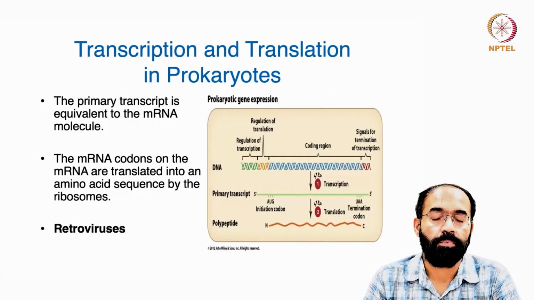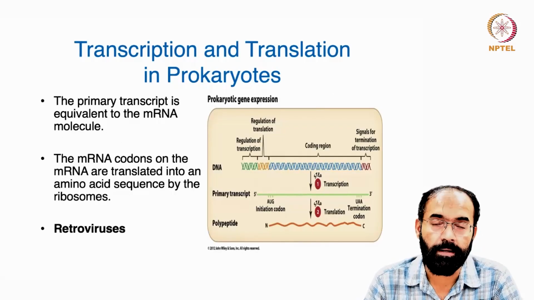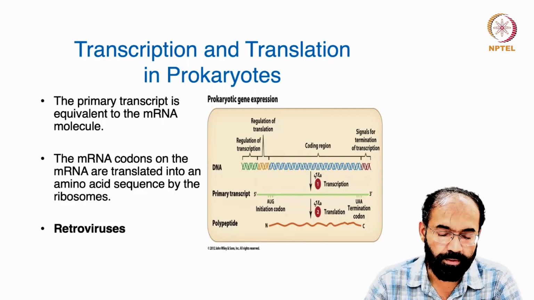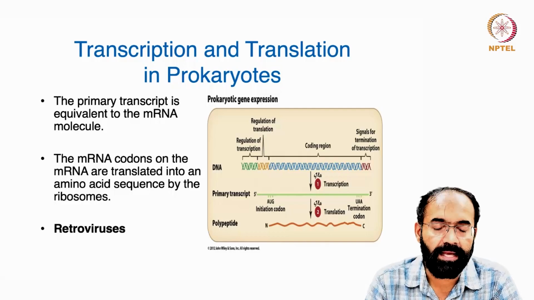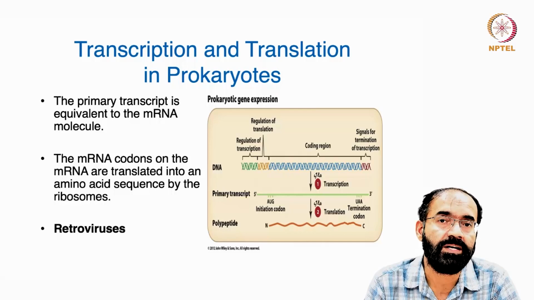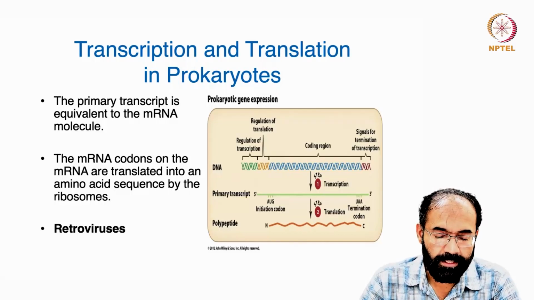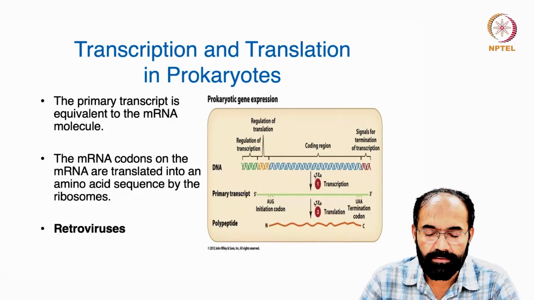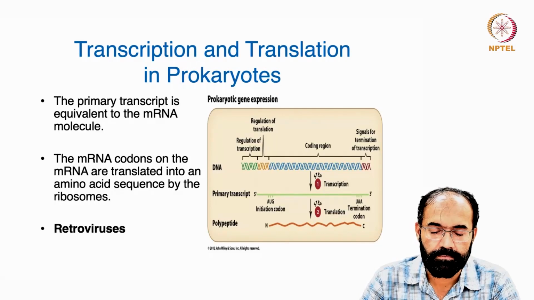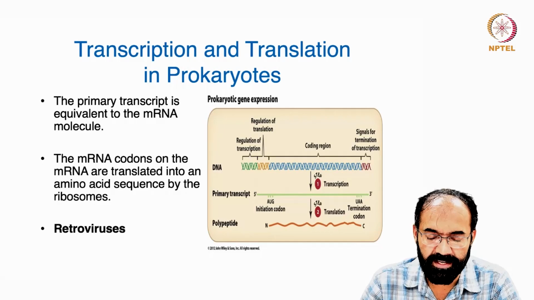If you look at prokaryotes, in bacteria the transcription is quite simple compared to a eukaryote, because you have a primary transcript that is to be formed from a given stretch of DNA. This is a double-stranded DNA double helix that you are having here.